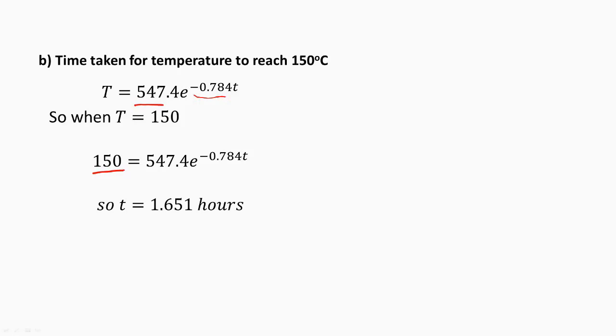That will tell you it takes 1.651 hours. Now, we don't like 0.651 of an hour, you wouldn't say I'm going to meet you in 0.651 of an hour. So you need to convert that into minutes. So that's 1 hour and 39 minutes to reach the temperature of 150 degrees.